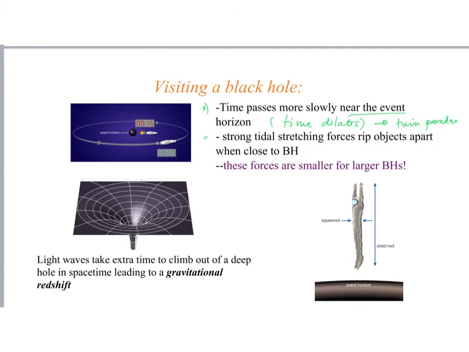All right, another thing. There are strong tidal stretching forces. What do we mean by that? Look at the feet. The feet are closer to the event horizon, to the black hole. Closer means smaller distance, right? D squared even smaller.